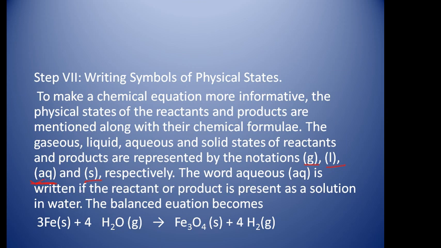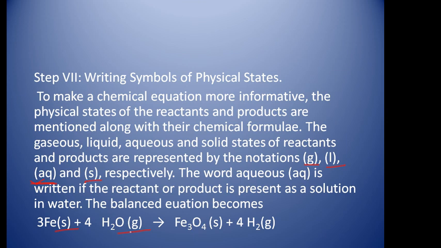So a complete balanced chemical equation is this: iron in solid form, water, steam here, gas, it is not liquid. You see, if it is not written, then normally you may think that H2O is liquid, and suppose you want to try this reaction, you will try the reaction with liquid water.